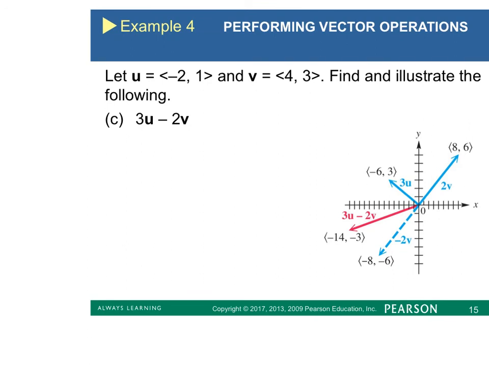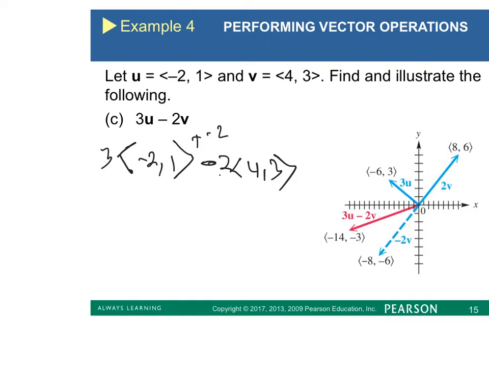3u minus 2v. So technically, you're doing 3 scalar outside of negative 2, comma 1. Then you're going to subtract 2, or plus negative 2, and call the negative 2 the scalar, but it doesn't change anything. Try to keep it similar to what we've always done in mathematics.